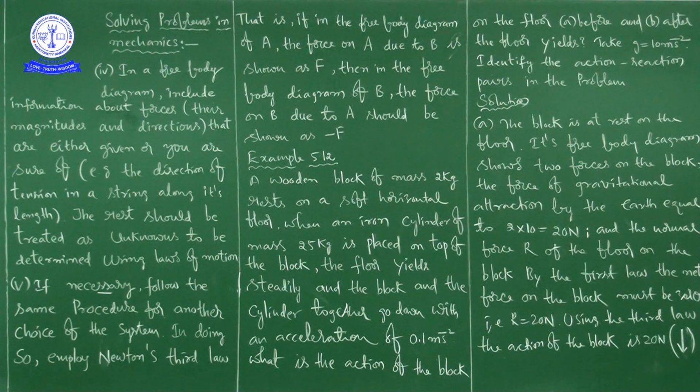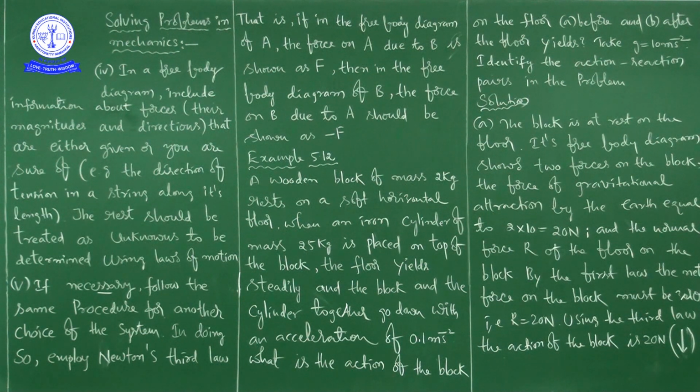Next, the fourth step. Here direction of force is also important. Some of the forces are given, some of the forces we have to decide. For example, direction of tension in the string. In which direction the tensional force is present, we have to decide based on the situation. So in the fourth step, he is saying please try to give the magnitude and direction.